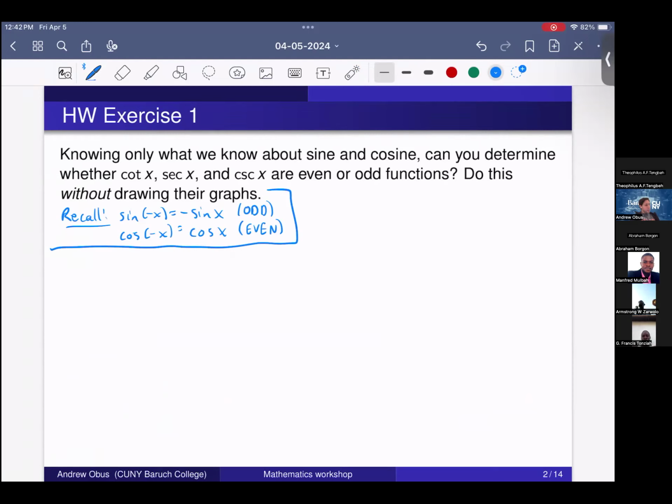So let's do each one. We have cotangent here, secant over here, and cosecant here. Cotangent of x, let's remember, is cosine of x over sine of x. Secant of x is 1 over cosine of x. And cosecant of x is 1 over sine of x.